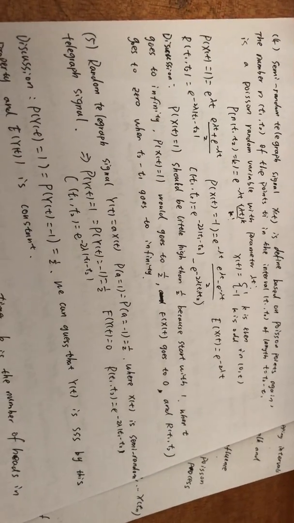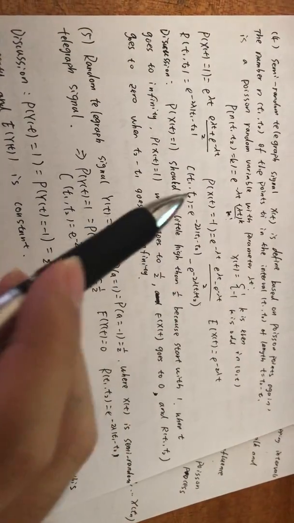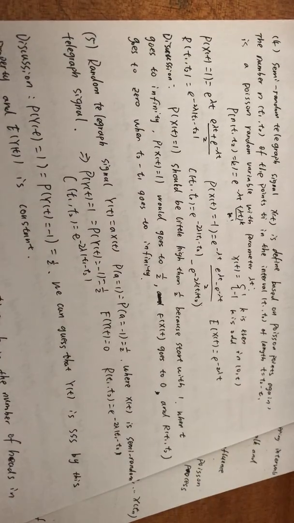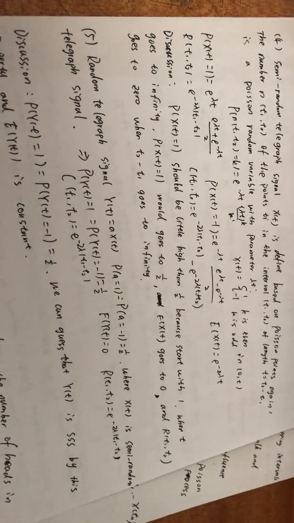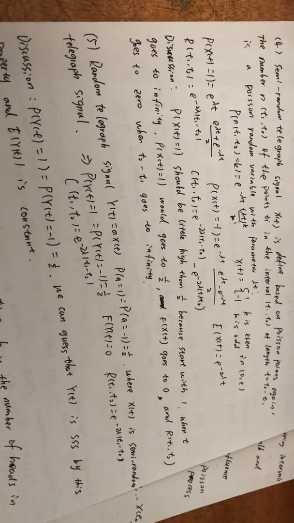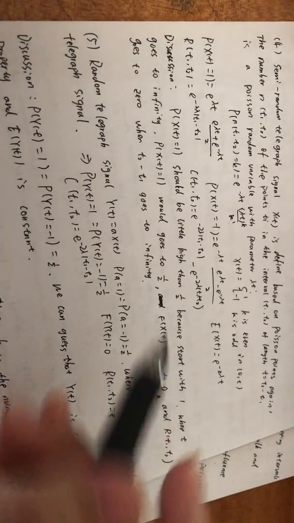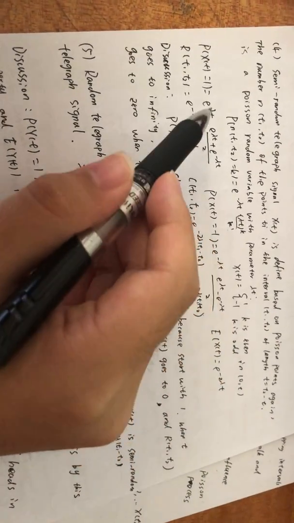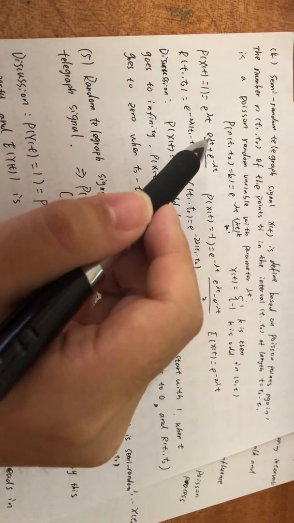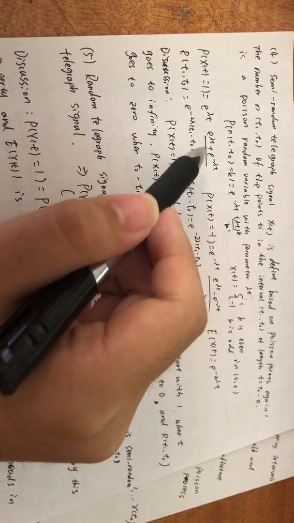And for the properties of this one, we do remember there is a problem in the previous homework. We do the proof for the semi-random signal.